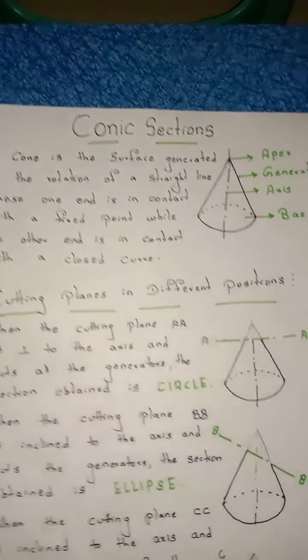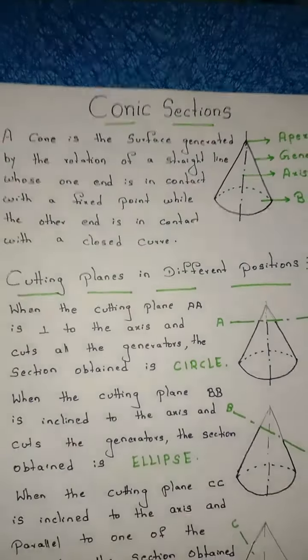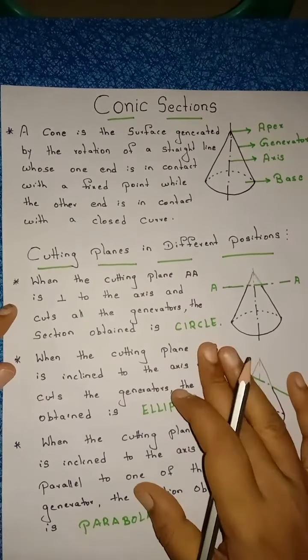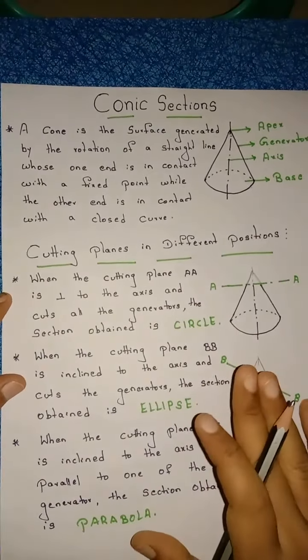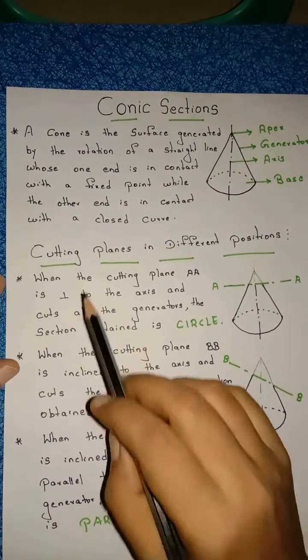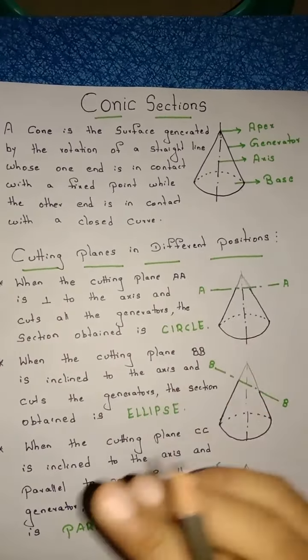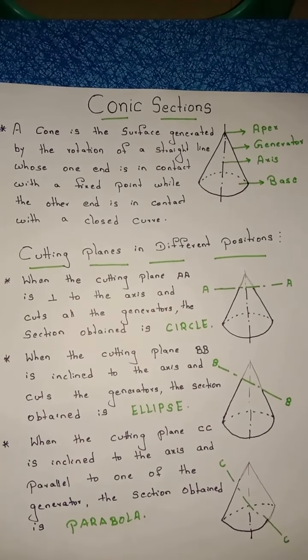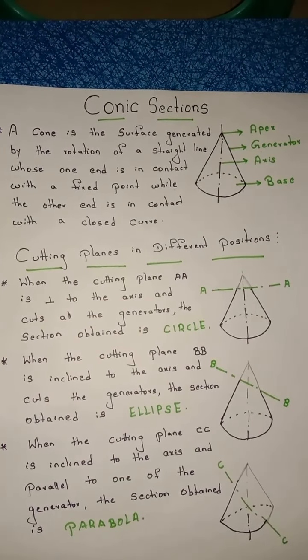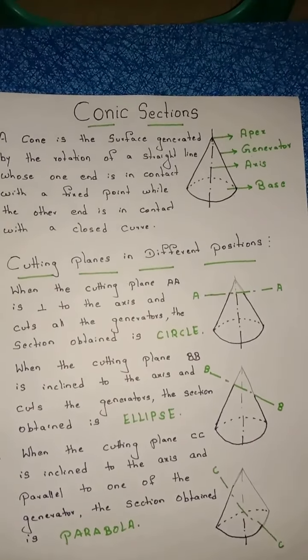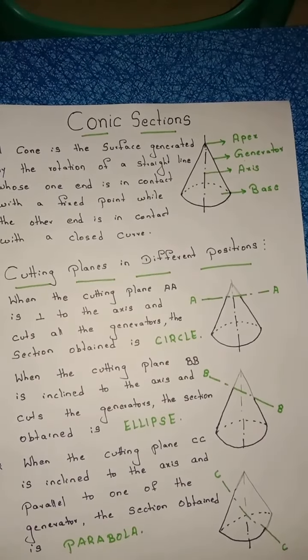If you know that, you can draw all the ellipse, parabola and hyperbola shapes. So let us see this theory part first. Cutting planes in different positions. What is meant by a cutting plane? A plane which is used to cut the solid is a cutting plane.